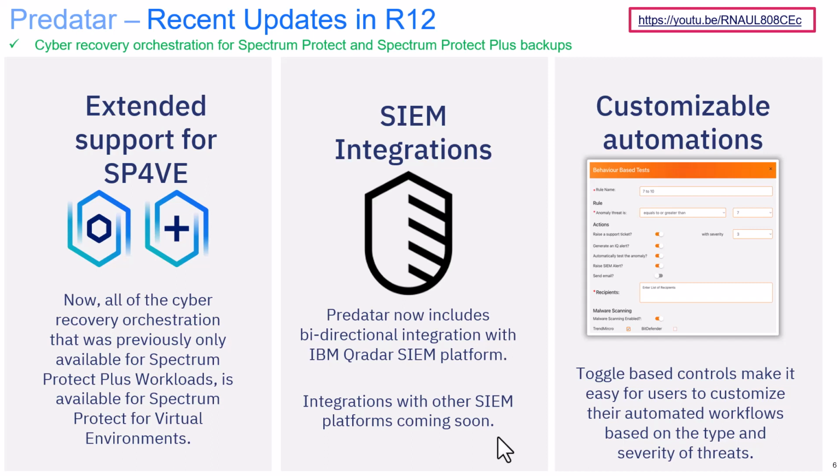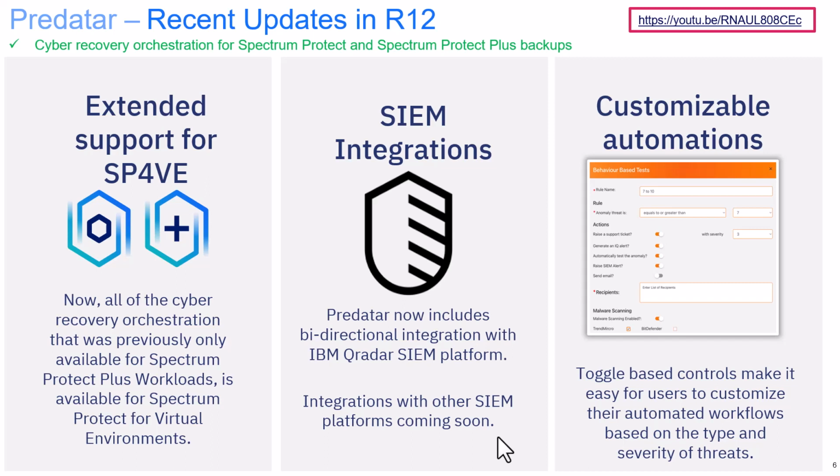The final enhancement is the customizable automations, and this is a toggle-based control that's going to make it easy for users to customize their automated workflows based upon the type and severity of threats. So as you recall, Predatar uses the telemetry data from your backups to determine if there is some type of threat against this, and if there is, it will rate that threat on a scale of 1 to 10.